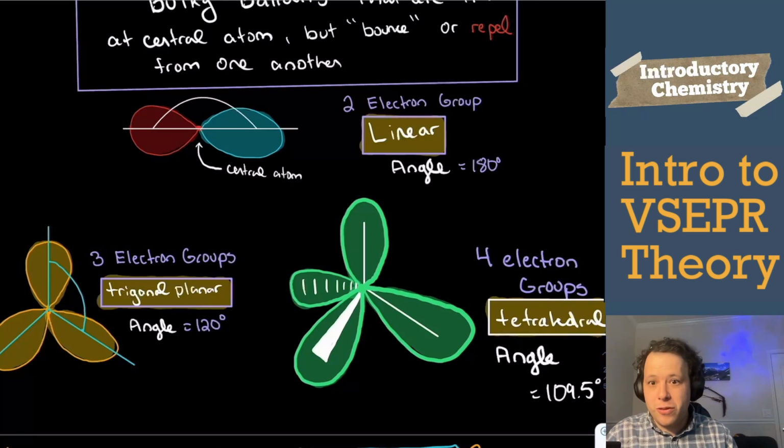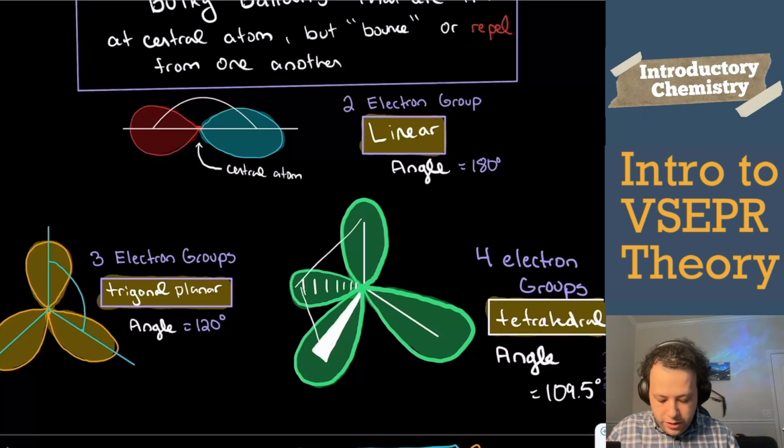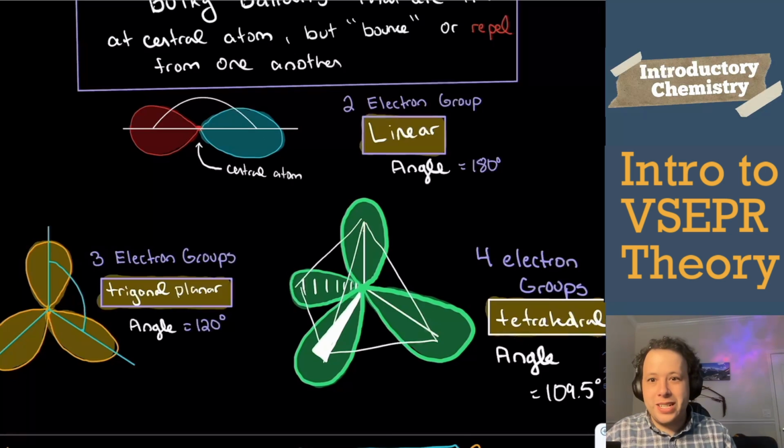We can do 4 groups. If you think of tetra as 4, this one is drawn more similar to a pyramid. If we connect all these different balloons via their corners, we can see that this is actually looking like geometric shapes and how they're all put together. So this one's tetrahedral, which has an angle of 109.5 degrees.